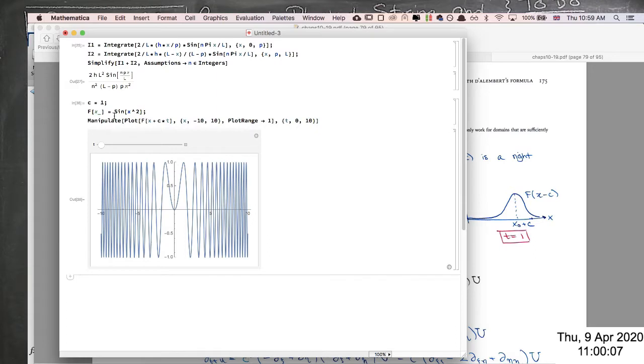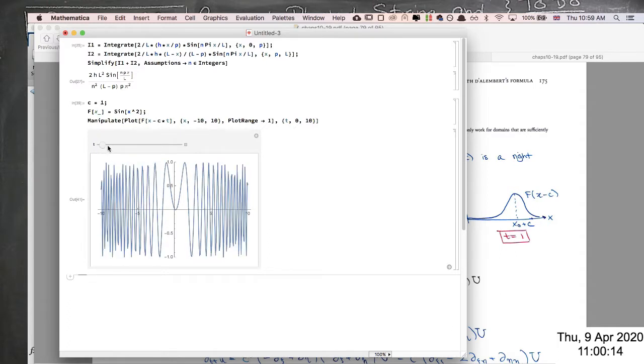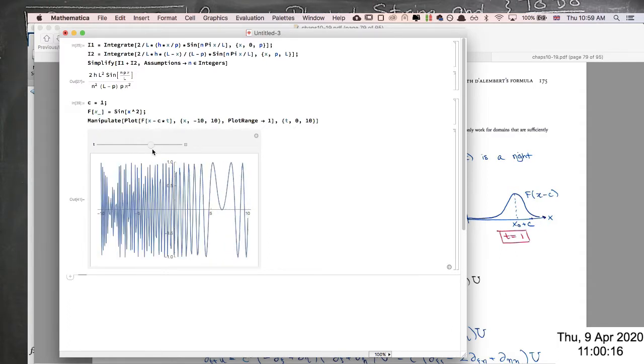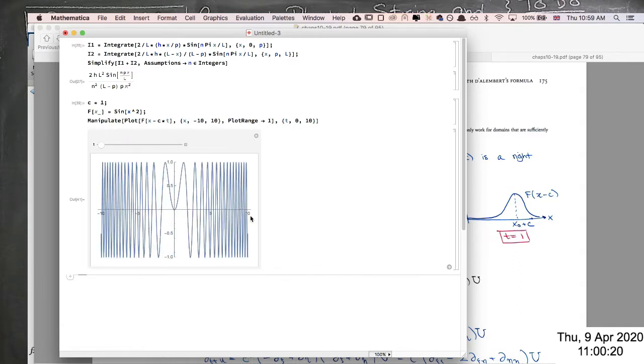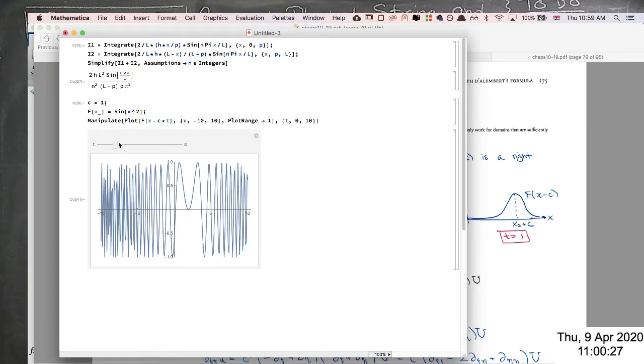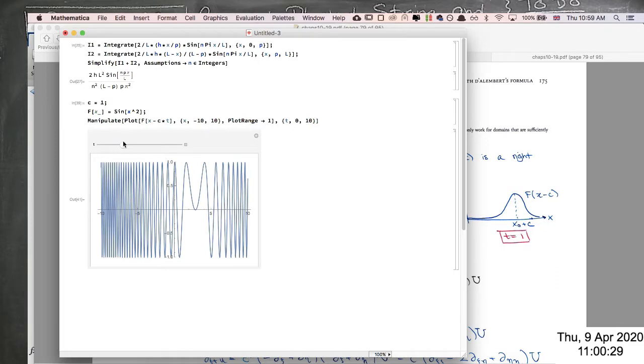Let's change this to x minus ct, so it's right traveling, and then consider the left traveling motion of that as well. You'll see these little artifacts where it doesn't quite look sinusoidal when you move it. That's just because of the accuracy of the plotting; it's not sampling enough points. Okay, let's go back.